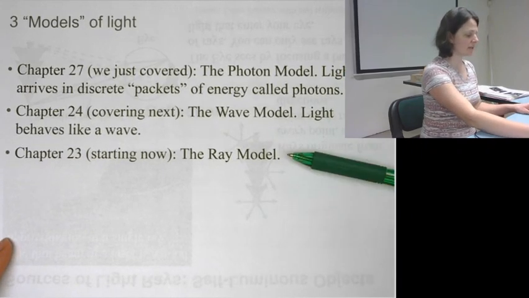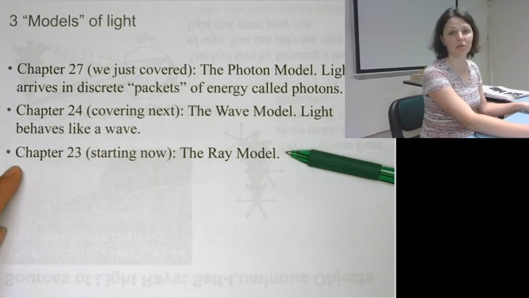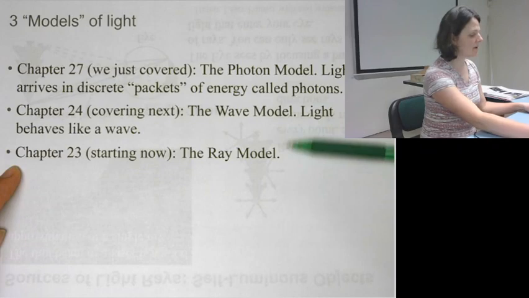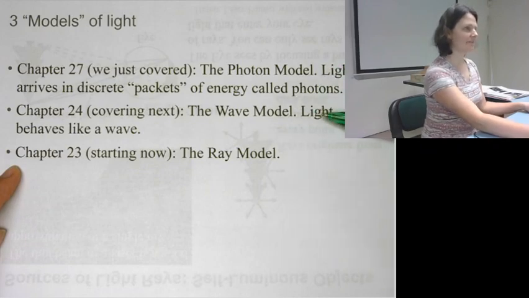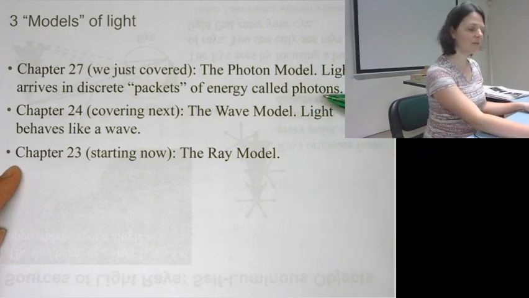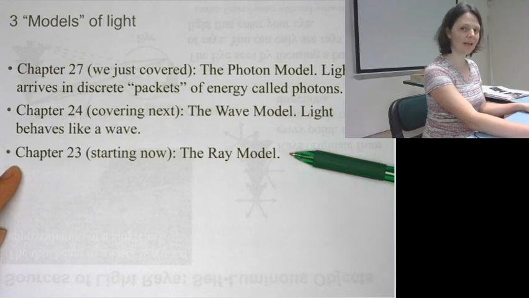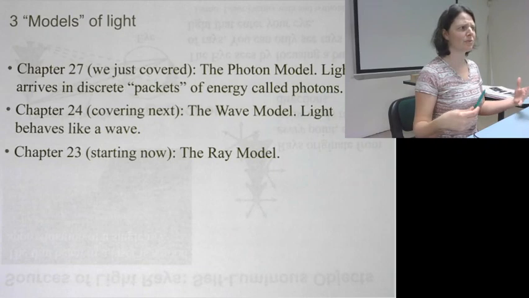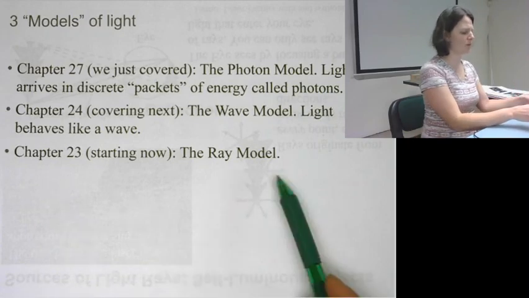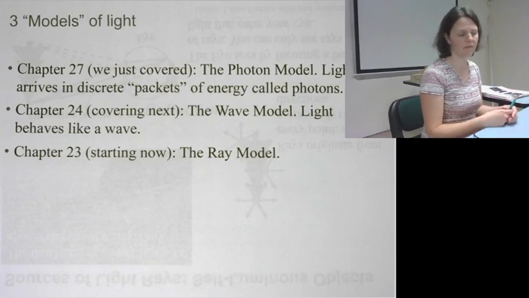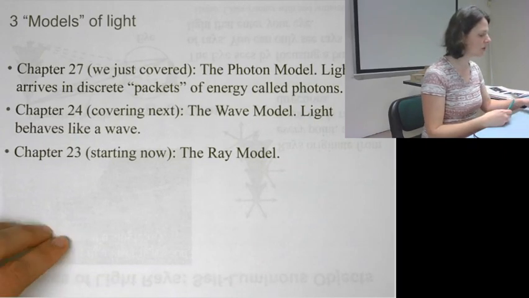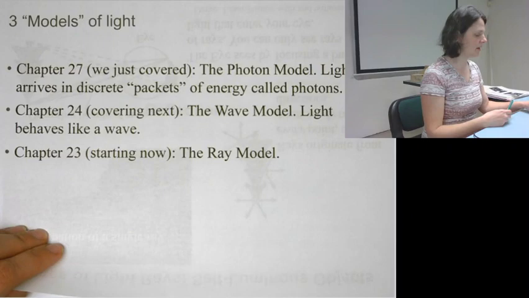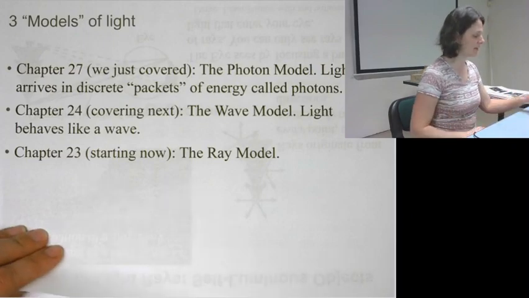And right now we're going to talk about a third model, which is the ray model, which is probably the least technically correct way to view light, but it's a really useful way to think about light, to make predictions about the macro scale of things that we observe. So we observe a lot of properties that fall from the ray model of light. So we're going to spend this whole chapter talking about that.